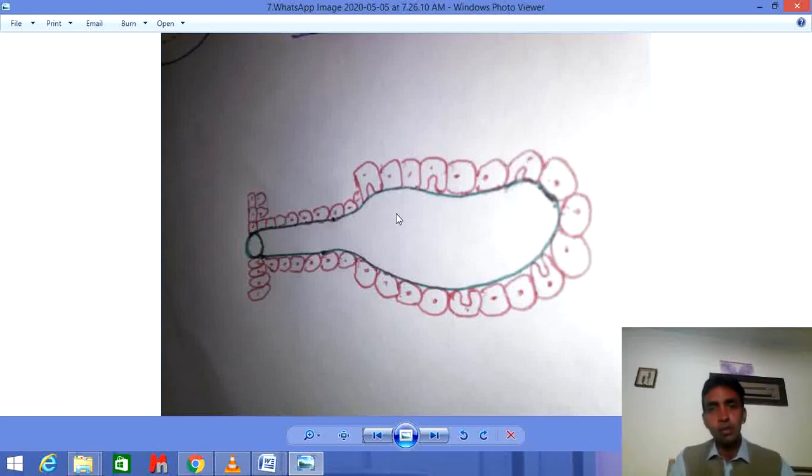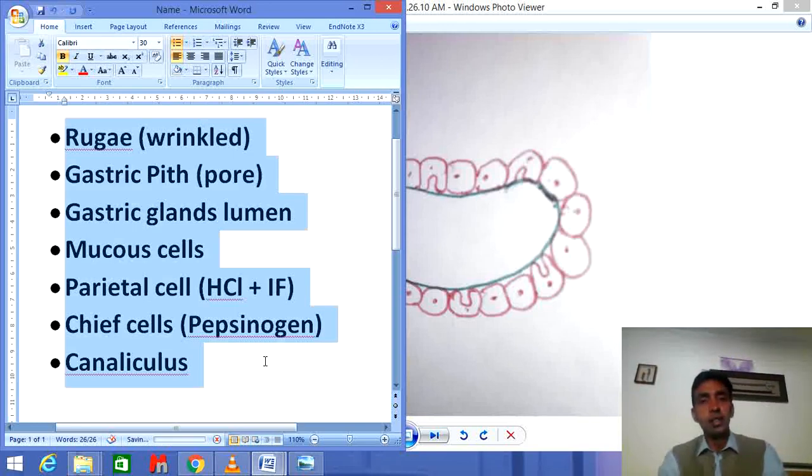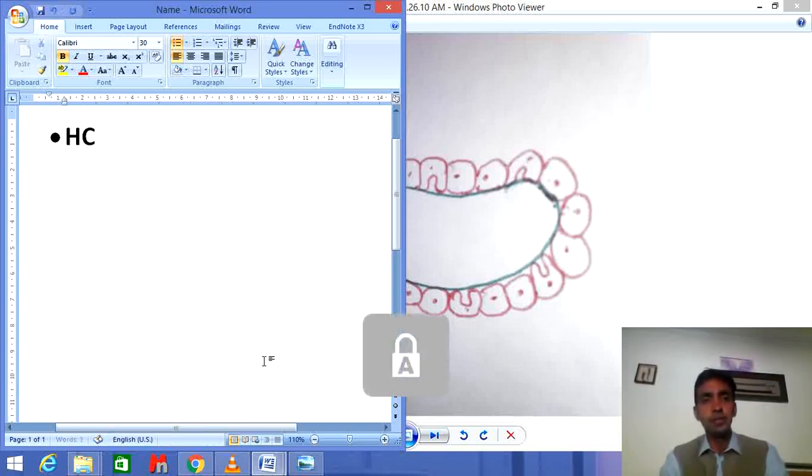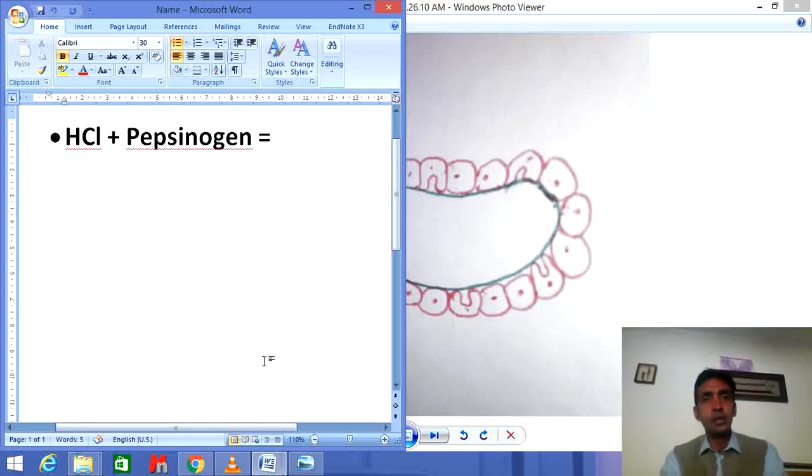After secretion of pepsinogen from the chief cell and secretion of HCl from the parietal cell, this HCl combines with the pepsinogen and activates it, converting the pepsinogen into pepsin. You should be clear over here that HCl and pepsinogen combined together make pepsin.